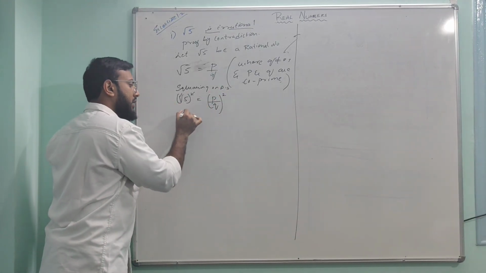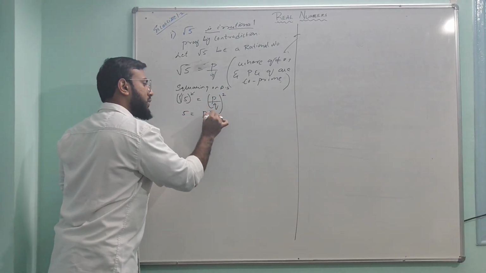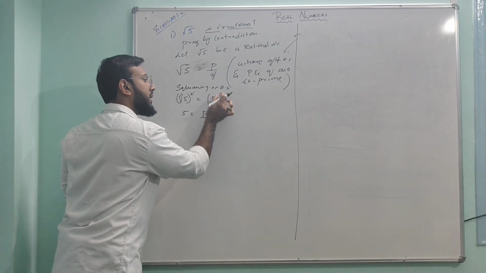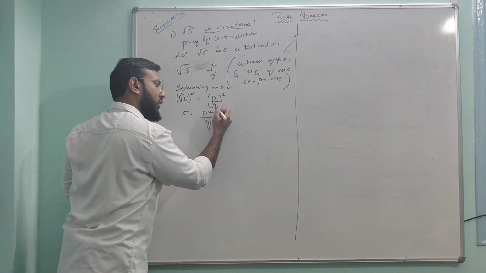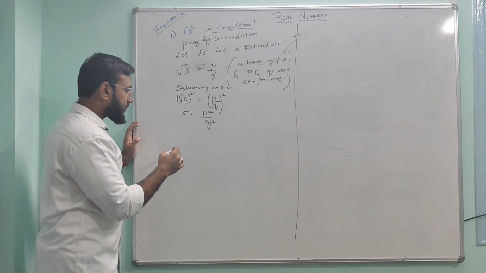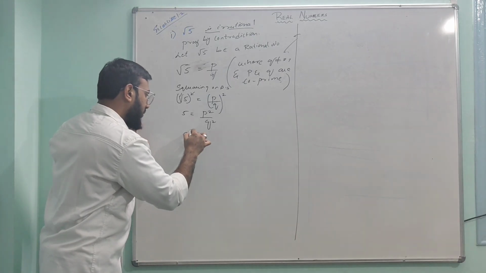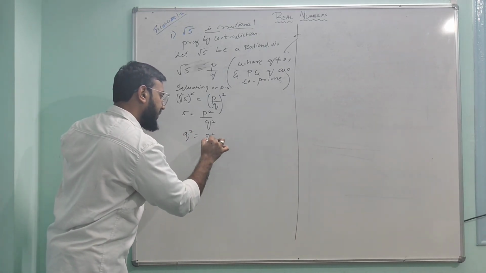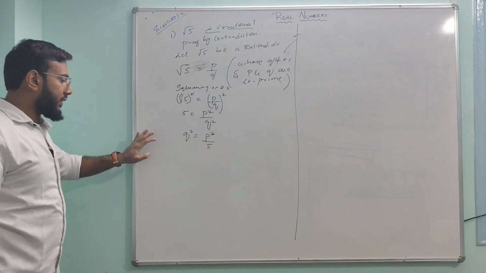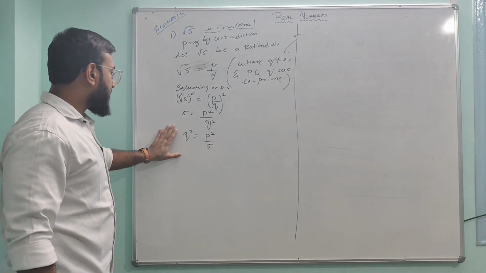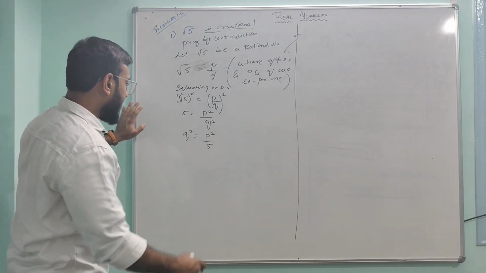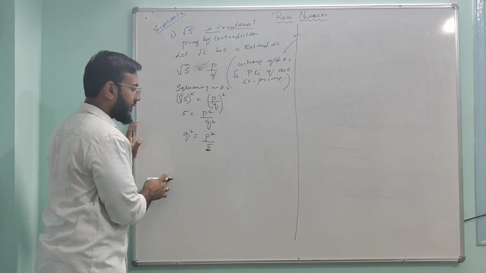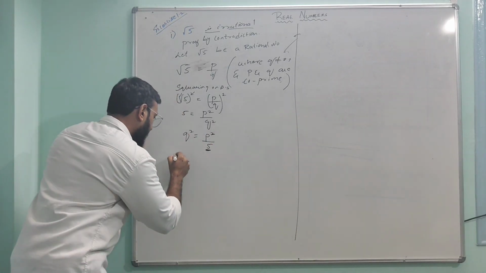Square and root get cancelled. 5 is equal to p square by q square. Square belongs to p also, square belongs to q also. And what I'll do? q square is equal to p square by 5. If you see carefully, I can tell that 5 divides p square.